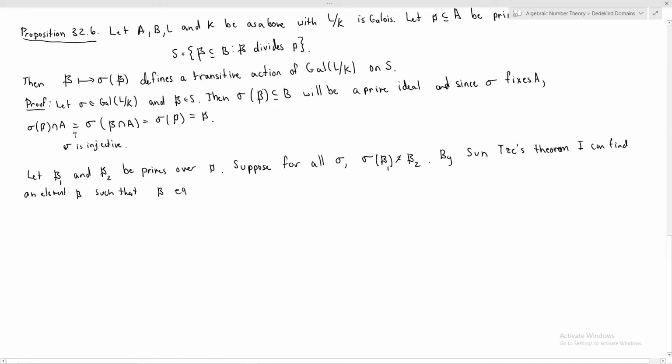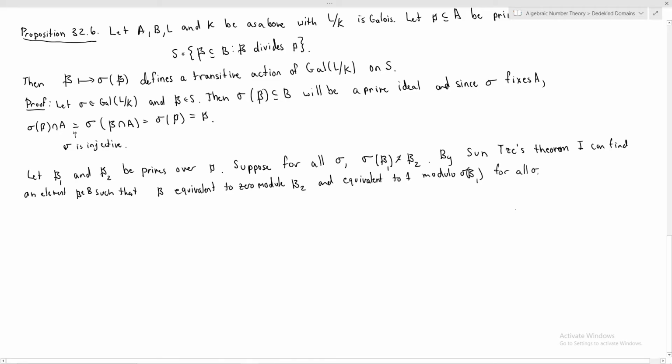Beta should be in B. Beta is equivalent to 0 mod B2, and it's equivalent to 1 modulo sigma of B1 for all sigma.